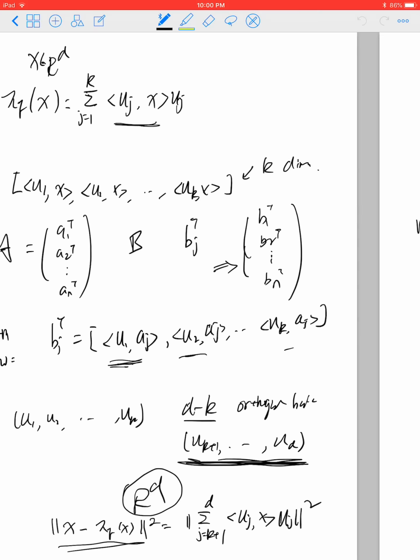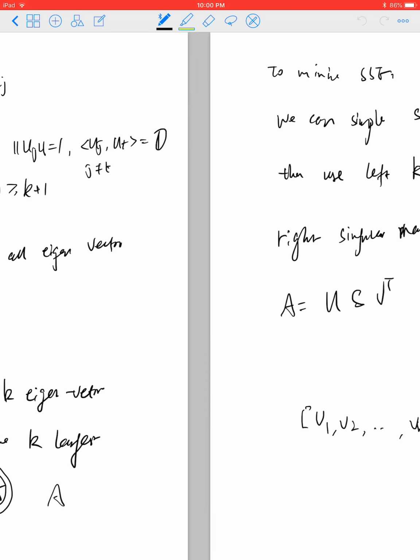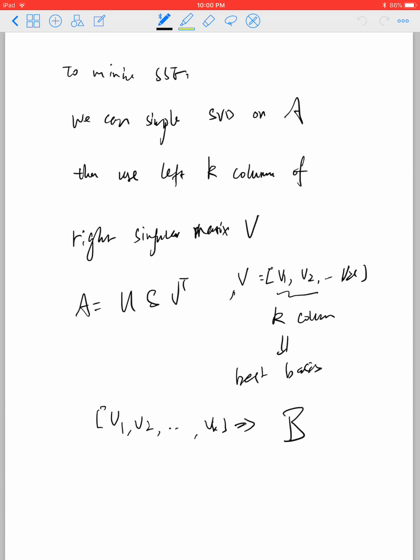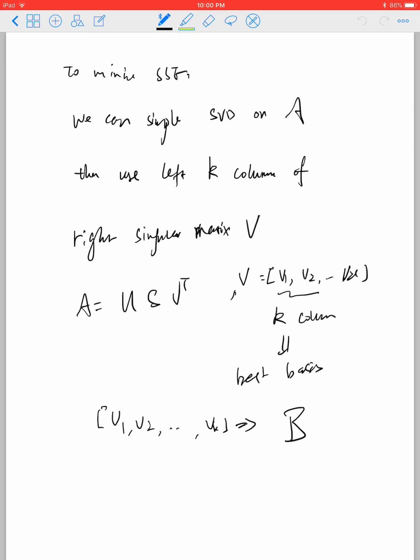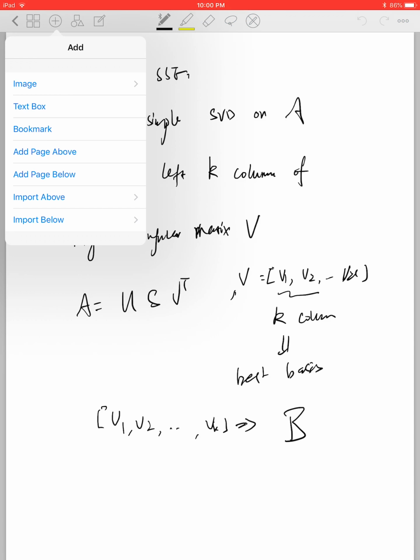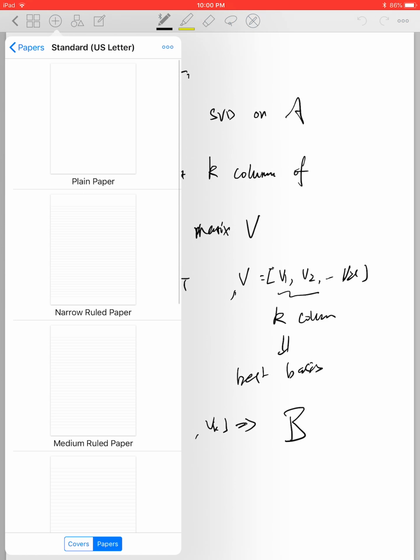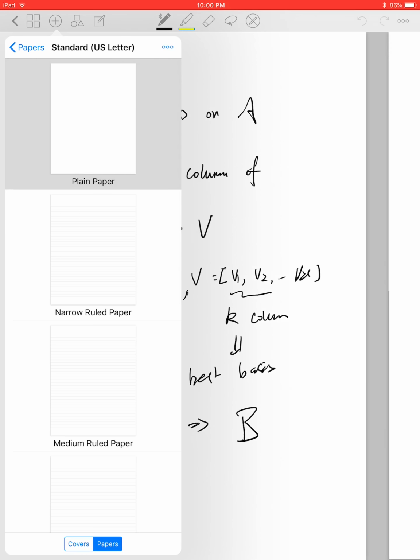But this is not the most general case. Right? The most general case is what? Remember, up to now, when we introduced the subspace F, we assume any d-dimensional vector in F can be represented by a linear combination of the k bases, right?